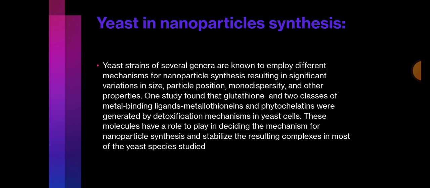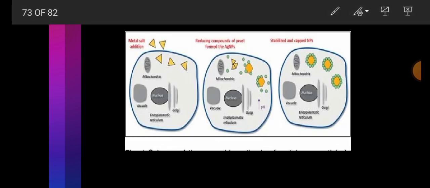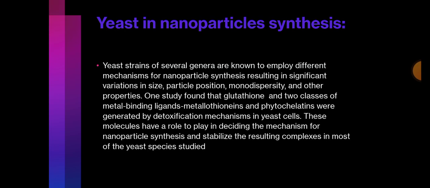One study found that glutathione and two classes of metal binding ligands, metallothioneins and phytochelatins, were generated by detoxification mechanisms in yeast cell. These molecules have a role to play in deciding the mechanism for nanoparticle synthesis and stabilizing the resulting complexes in most of the yeast species studied.